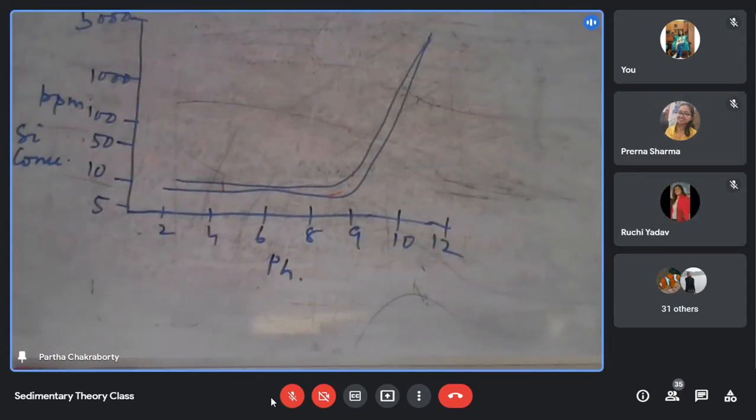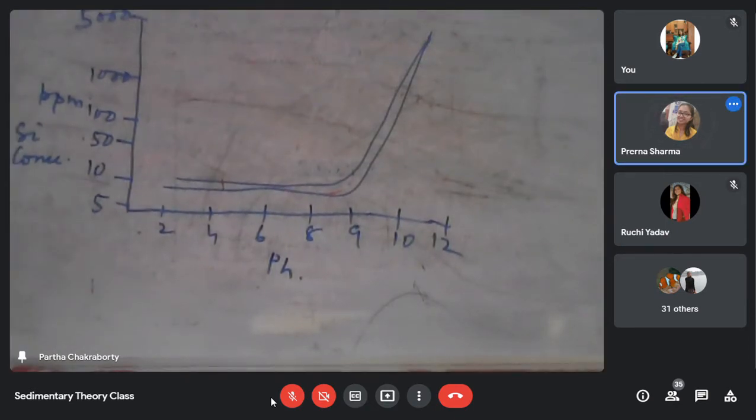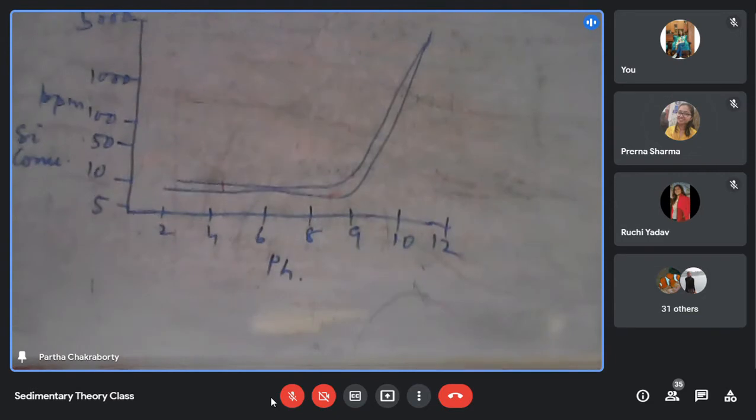What is the pH of ocean water? 7.5 to 8.3. Now ocean water is a mildly alkaline solution.